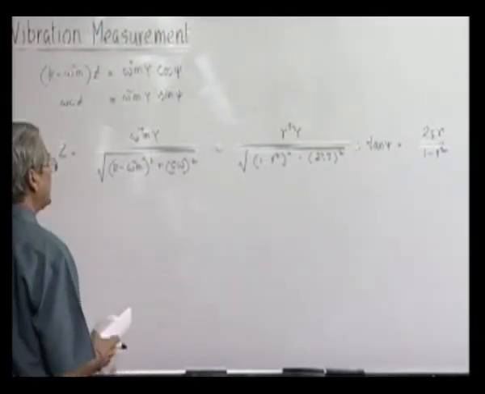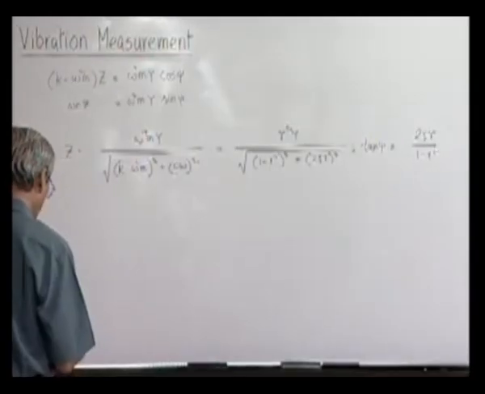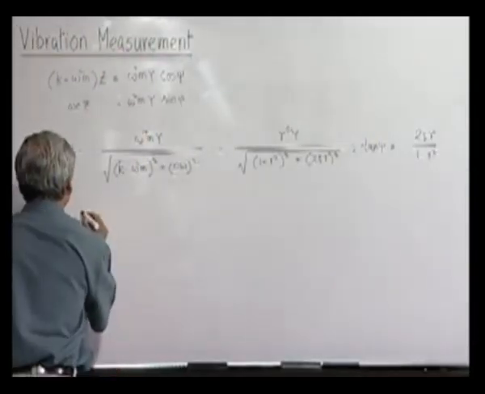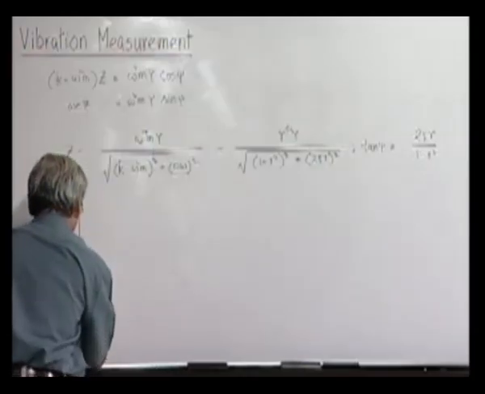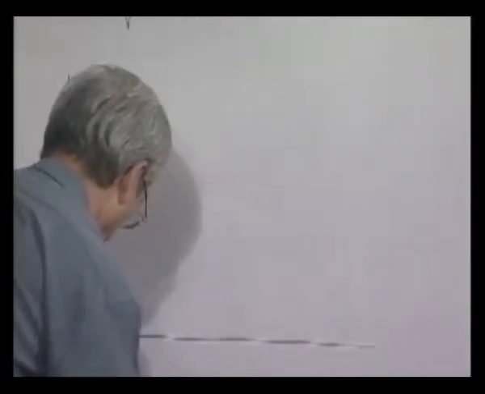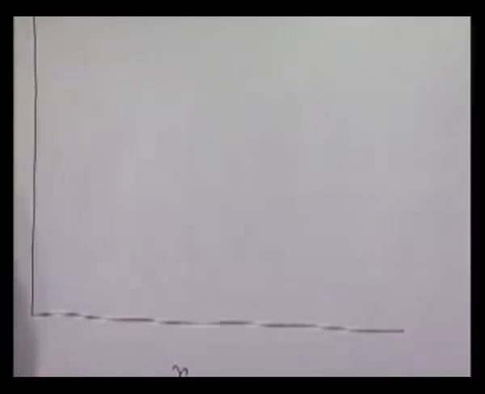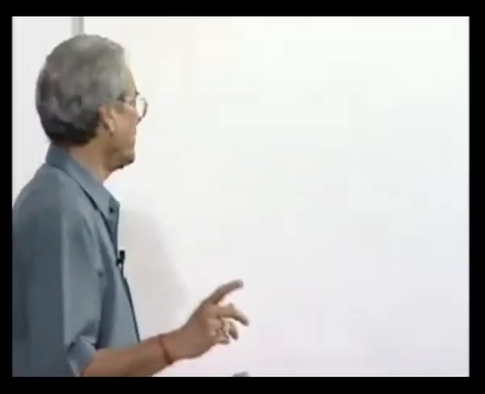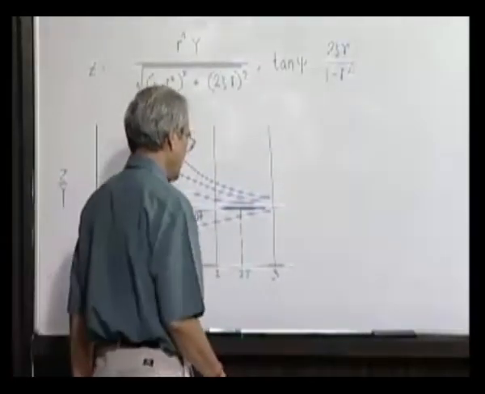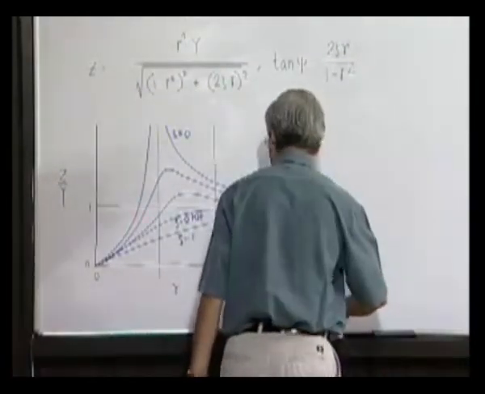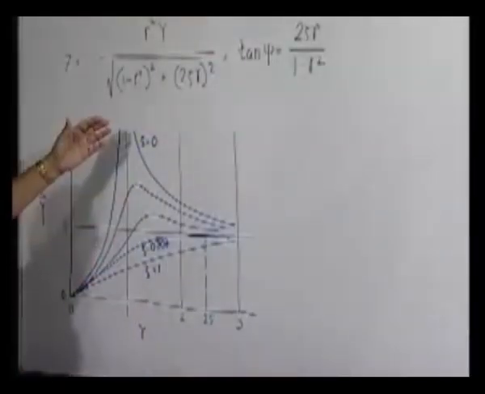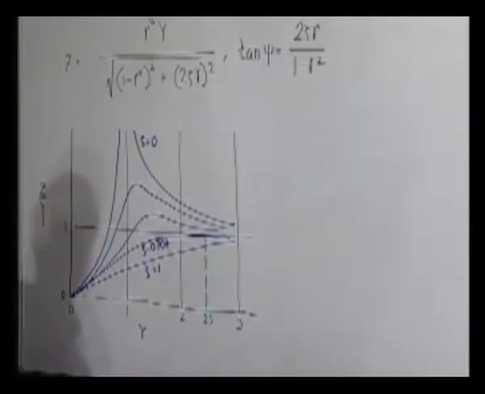Now let us see how it looks when we plot the characteristics. If we plot the z by y characteristics, you can see that for various values of zeta, that means the damping, the response curve is like this.